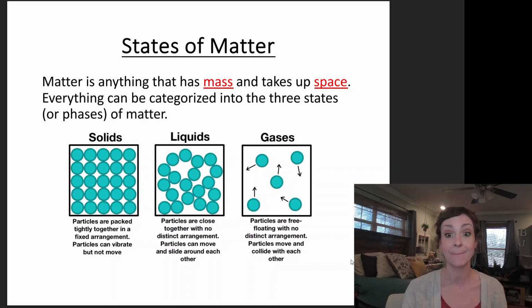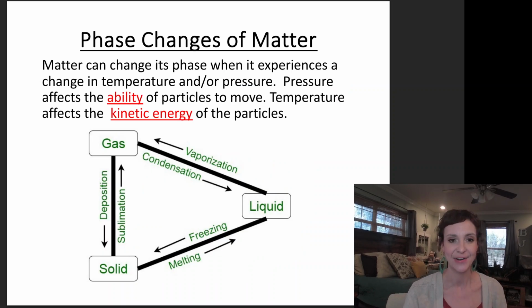And then finally, gases: their particles are free-floating with no distinct arrangement, and the particles move and collide with each other. Like I've mentioned before, our entire next unit is strictly focusing on the gaseous state of matter because, as you can tell by this picture, there's a little bit more room for movement and energy, which, yes, there is.